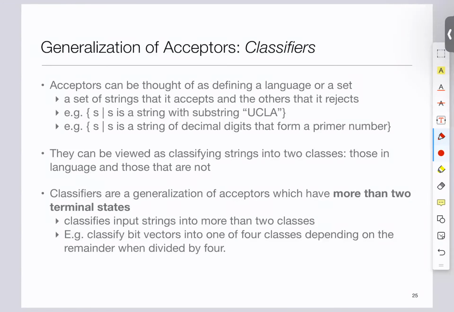Remainder could be 0, 1, 2, 3, 4, 5, 6. So all the set of strings can be divided into 7 categories. Or let's say strings coming in, and if you see the name of a professor from UCLA, then it's called a UCLA string. From USC, a USC string, and Caltech, a Caltech string, right? So 3 categories in that case, and if none, then that's a failed string. So a classifier is just a generalization that instead of 2 categories, pass, fail, or yes, no, now has multiple categories.